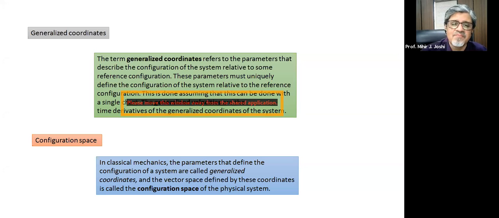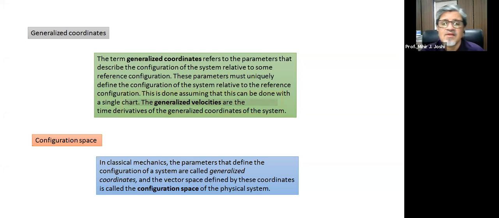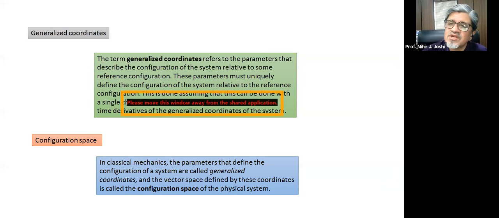If you look into Wikipedia, they mention that there are two types of definition available. This definition is from the physics point of view, that the vector space defined by these coordinates is called the configuration space of the physical system. So here the configuration space is defined by q1, q2, q3, all the coordinates.